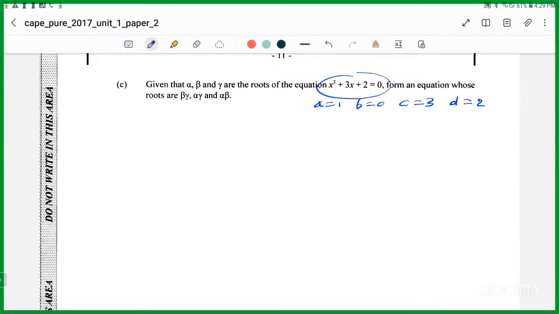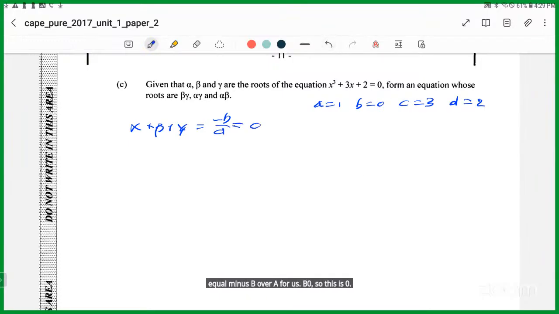So for this equation, we need to find the sum, which is alpha plus beta plus lambda equals minus b over a first. And b is 0, so this is just 0. Then the pairwise product, which is alpha beta plus alpha lambda plus beta lambda, is equal to c over a.